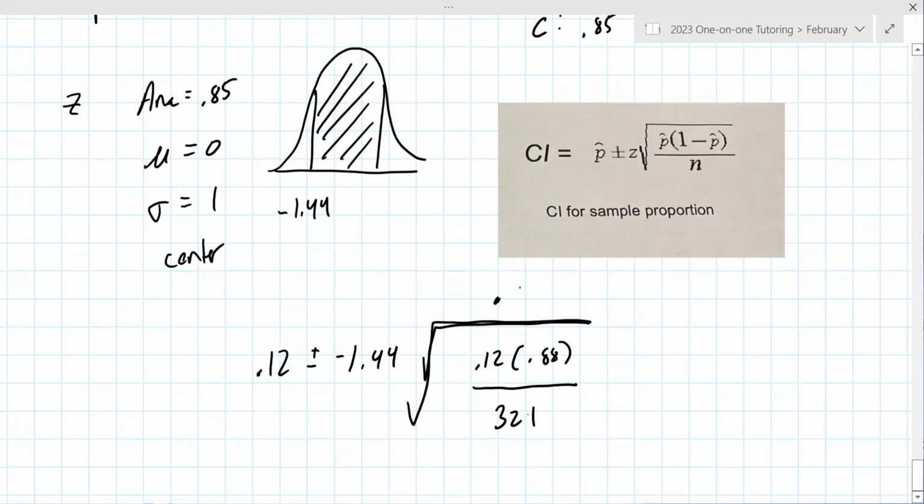Is this what you have? I had 1 minus negative 1.44. You're saying this one right here, minus 1.44? Yeah. Okay. So that's the same, 0.12 plus or minus 1.44 square root of.